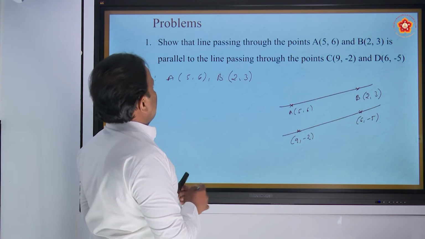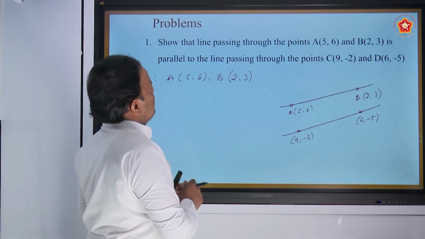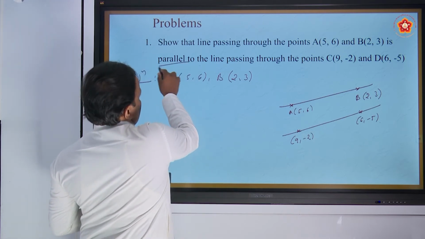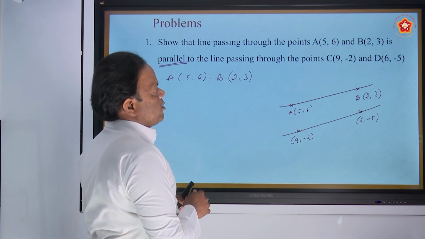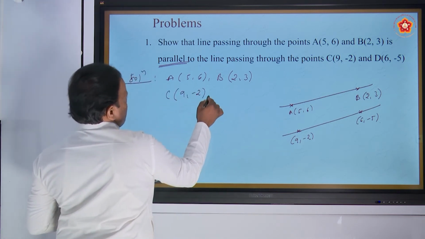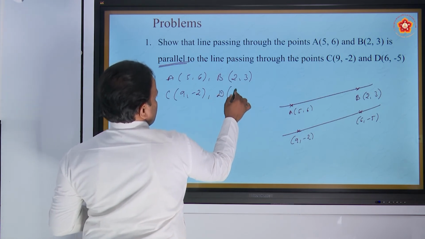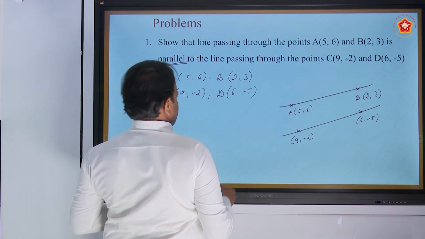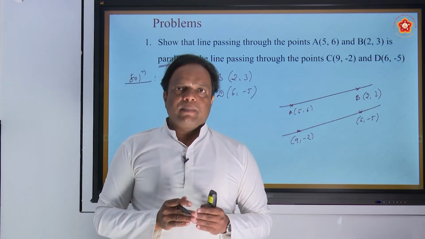So you have to show that the line passing through the points A (5, 6) and B (2, 3) is parallel to the line passing through the points C (9, -2) and D (6, -5). Both lines are parallel.